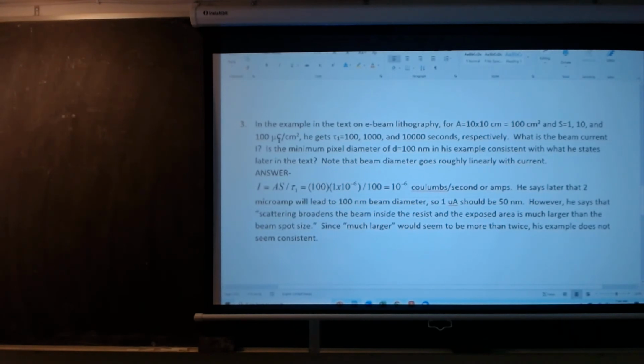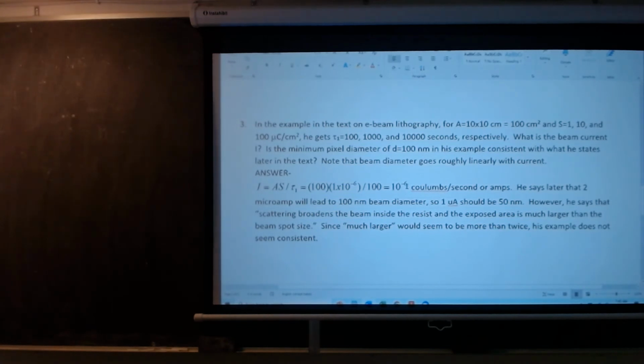1 is in microcoulombs. So A times the sensitivity in coulombs per square centimeter, divided by the time he gave, which was 100 seconds, gives you 10 to the minus 6 coulombs per second.